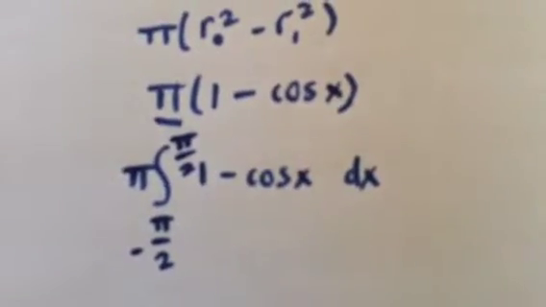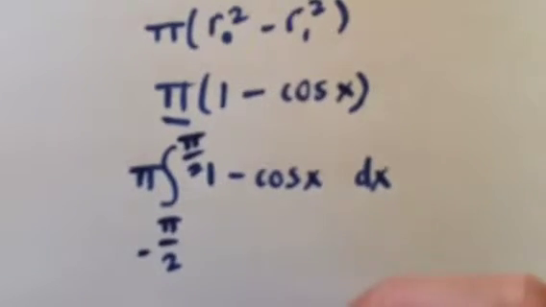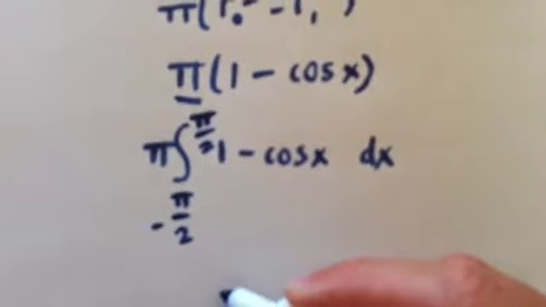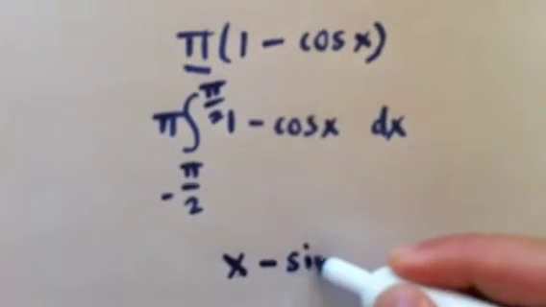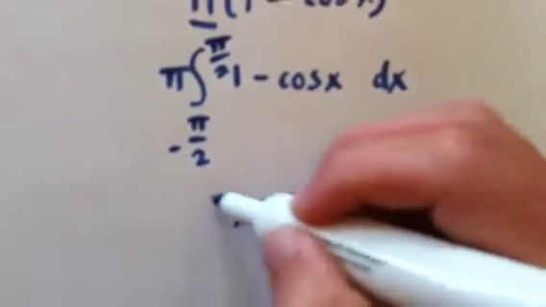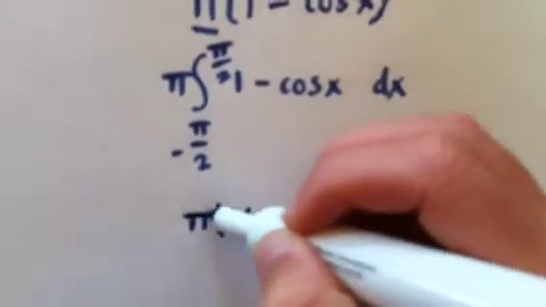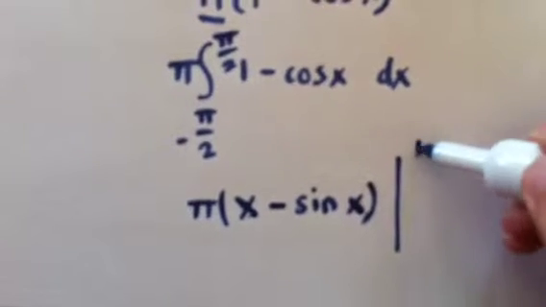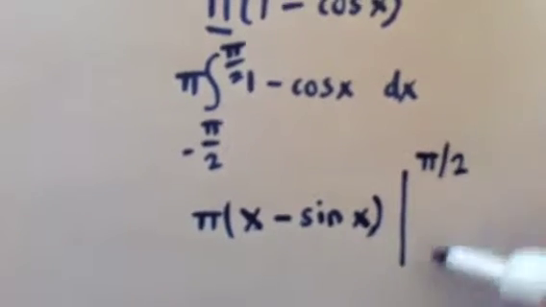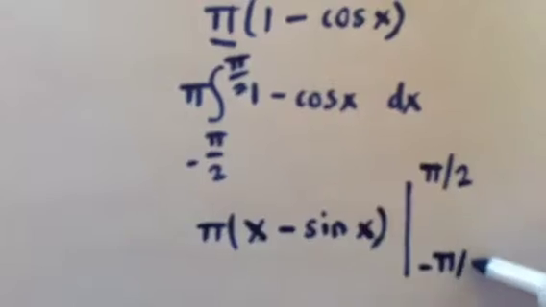So the integral of this is then 1 turns into x, and then we're going to carry our minus because negative sign turns into negative cosine. Wait, the integral of cosine is sine, so it turns into minus sine. And then we're going to distribute our pi through, so there's our pi. And we need to evaluate this from negative pi over 2 to pi over 2.